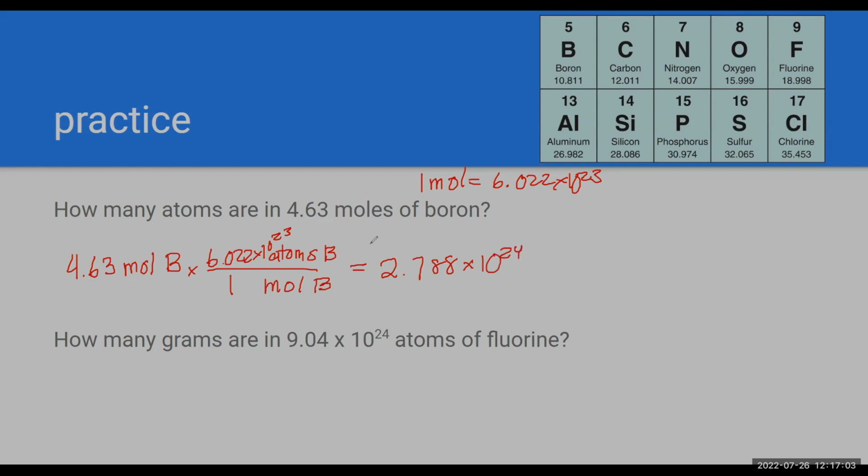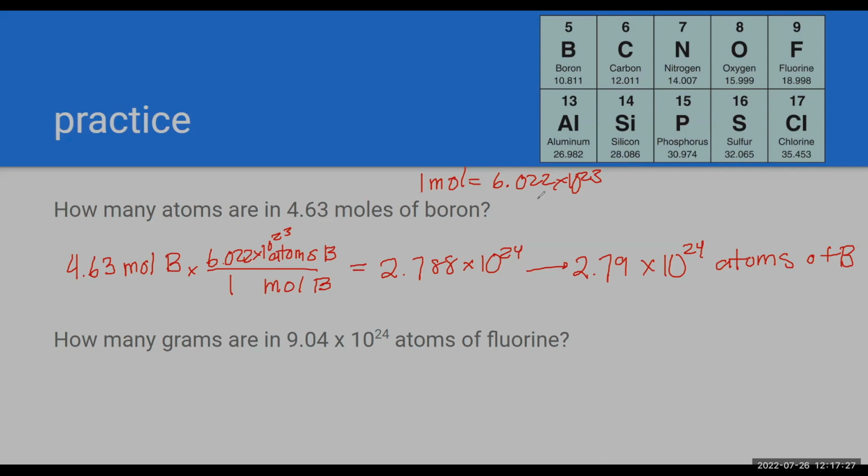And so we want to keep track of significant figures once again, and that will round our answer to 2.79. So 2.79 times 10 to the 24 atoms of boron.